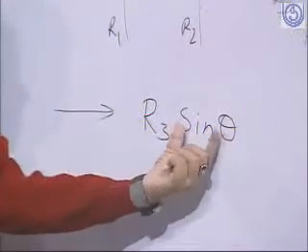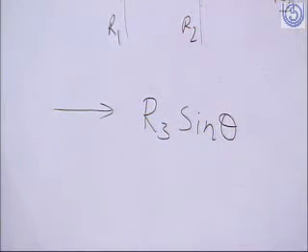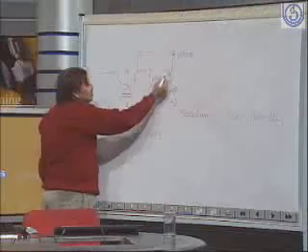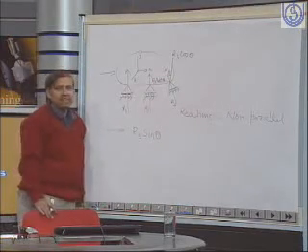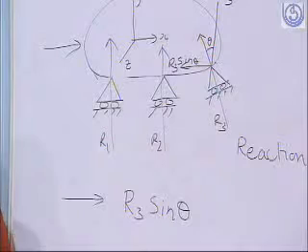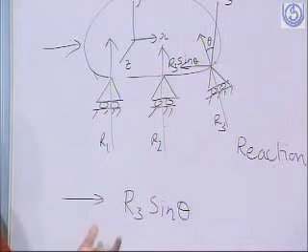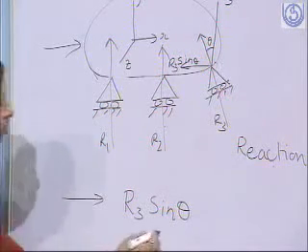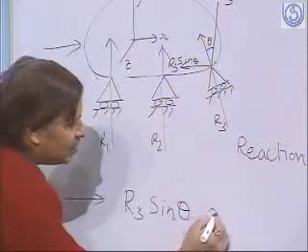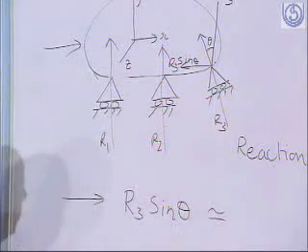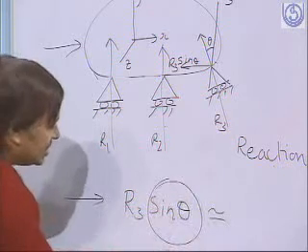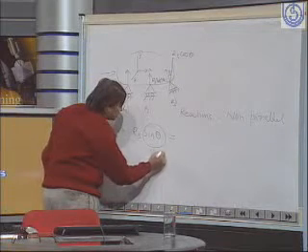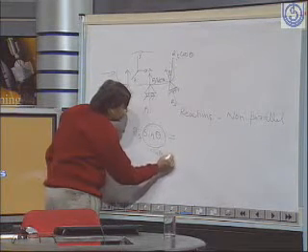If the angle theta is very small, you all know that if the angle theta is equal to 0, its value will be equal to 0. So this will be a very small component, sin theta nearing 0.